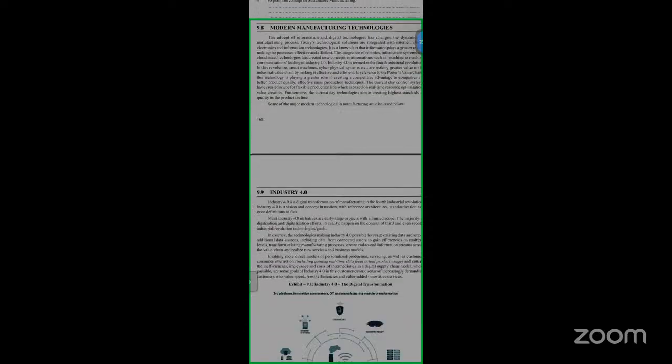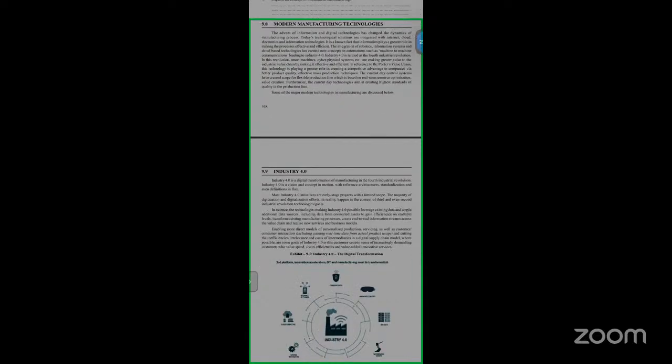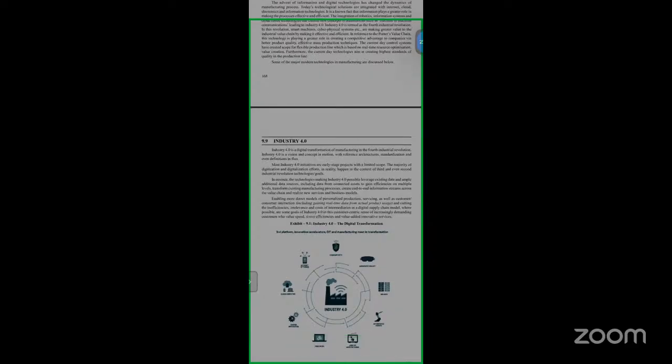And most of Industry 4.0 initiatives are early stage projects with a limited scope, and the majority of digitization effects in reality happen in the context of third and even second industrial revolution and technology goals. And here, in a sense, the technology makes Industry 4.0 possible, leveraging existing data and simple additional data sources, including data from connected assets to gain efficiencies on multiple levels.